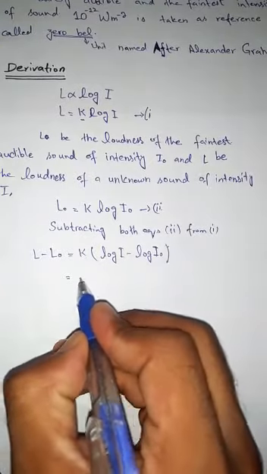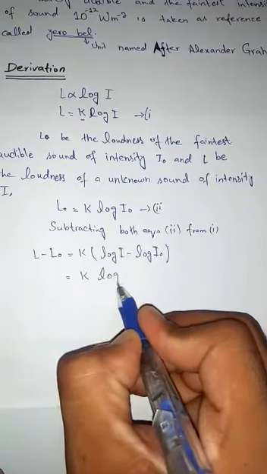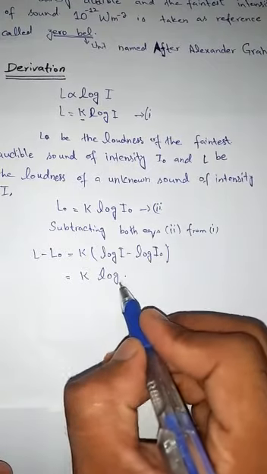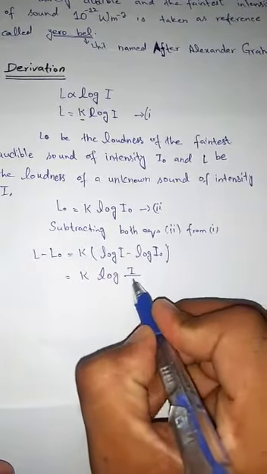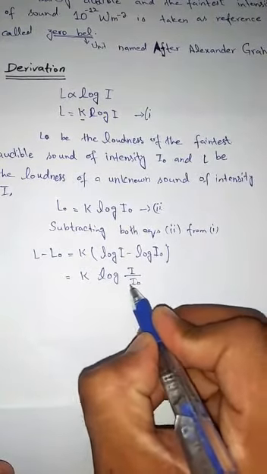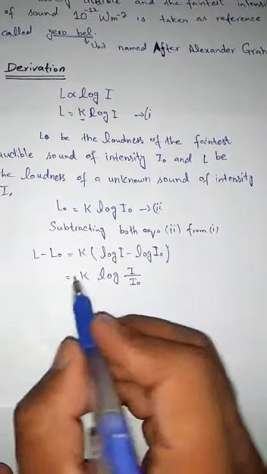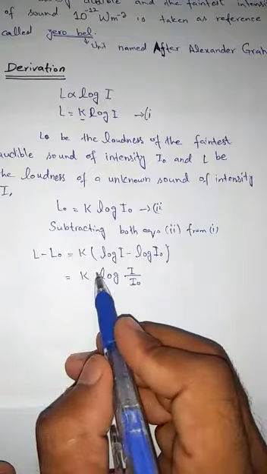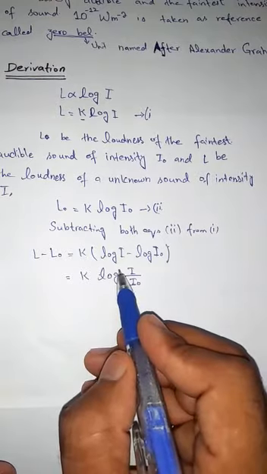This equation can be written in another form, because we know that when there is a difference of logs, it can be changed into a quotient form. That is a rule in maths, the fourth law or third law. So we can say that the difference L minus L naught, between the loudness L of an unknown sound and the loudness L naught, is called the intensity level of the unknown sound.